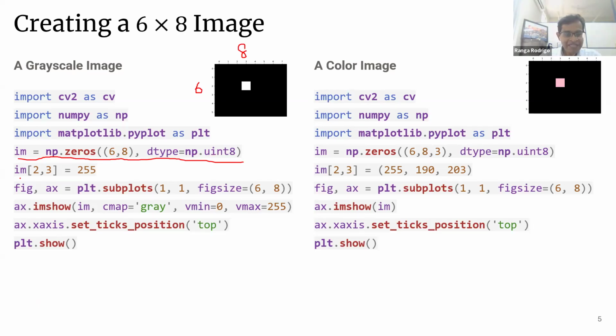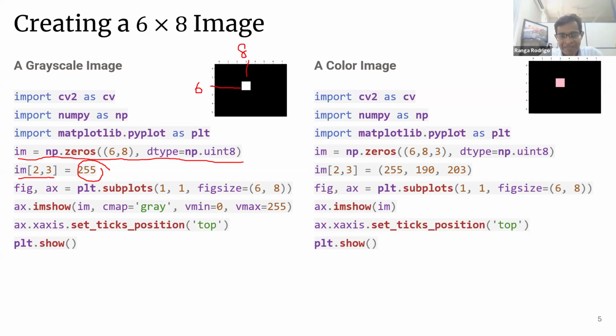Then we selected image pixel 2, 3 and assigned 255 to that. So that pixel 2, 3 gets full brightness. This was very simple, simple to create an image. We created an array of zeros in NumPy, and the size of that array was 6 and 8.